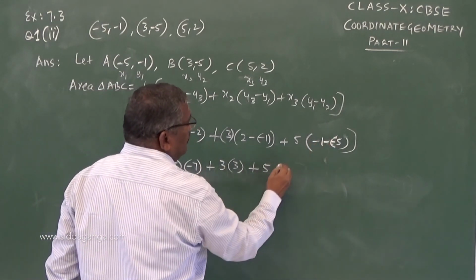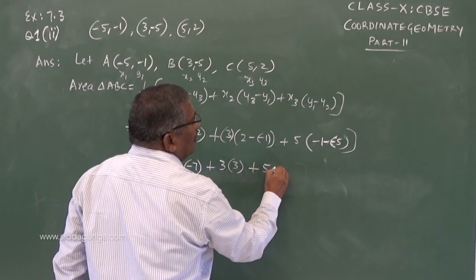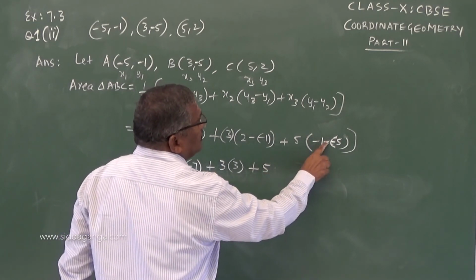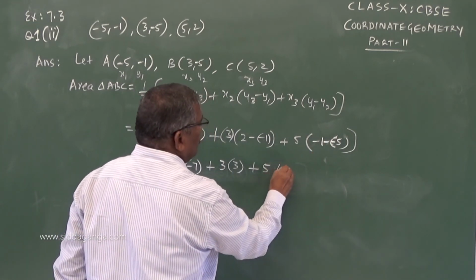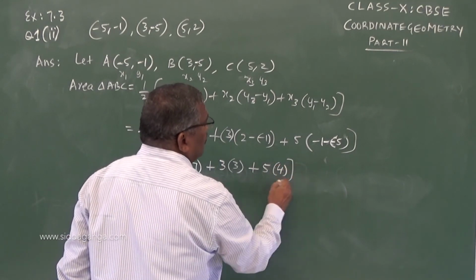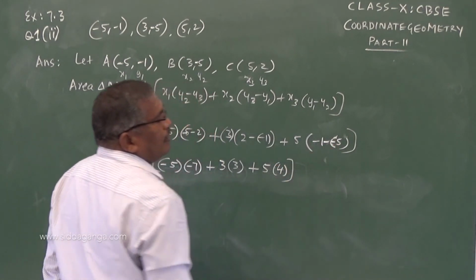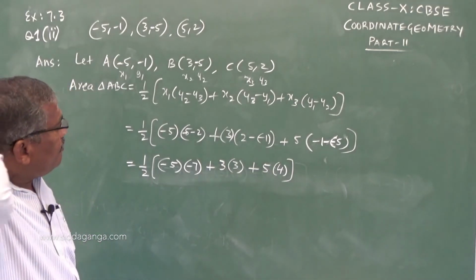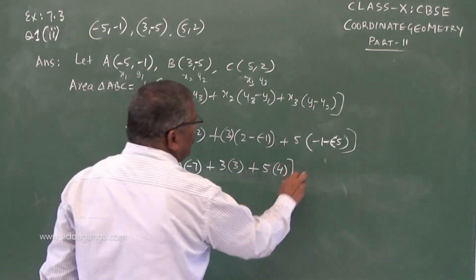Minus 1 plus 5 is 4, because minus into minus is plus 5.